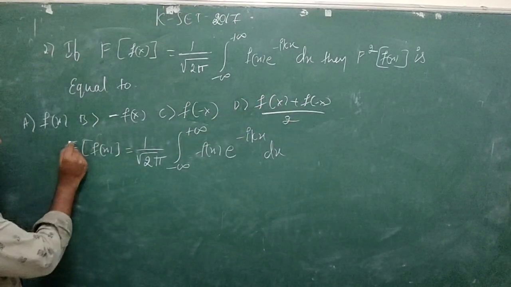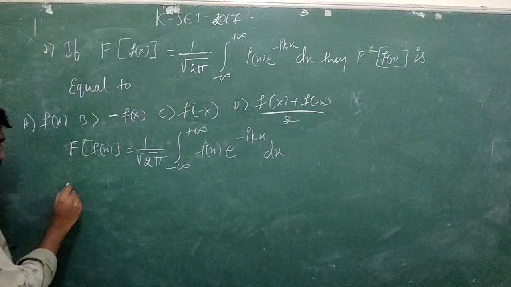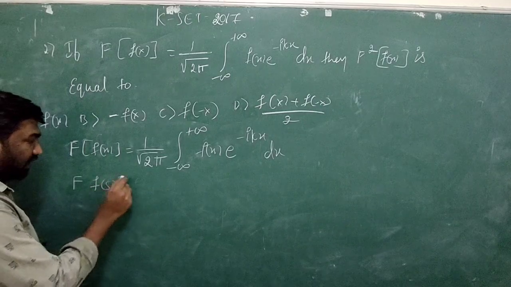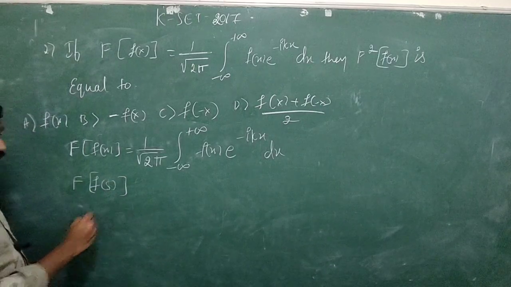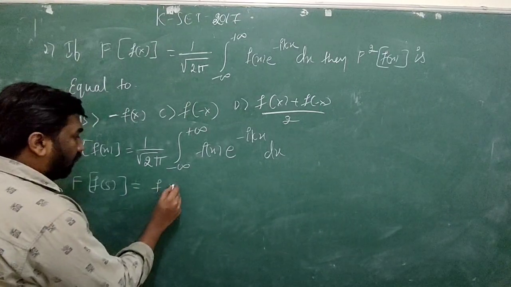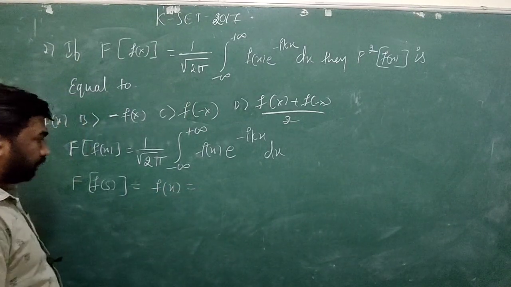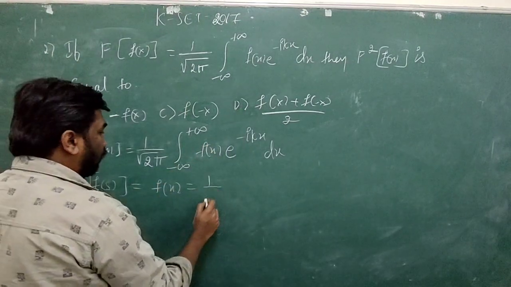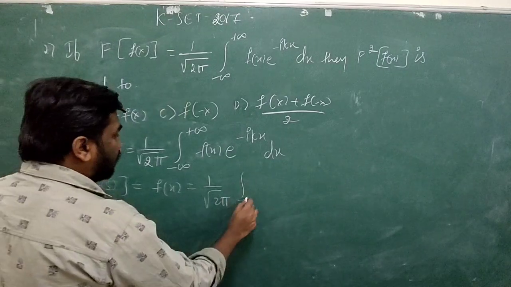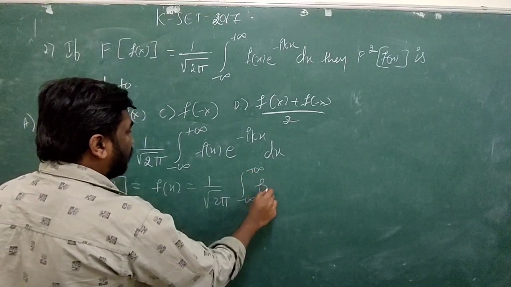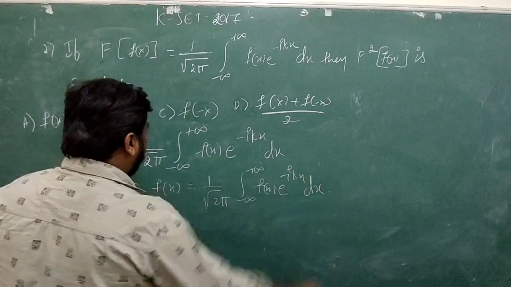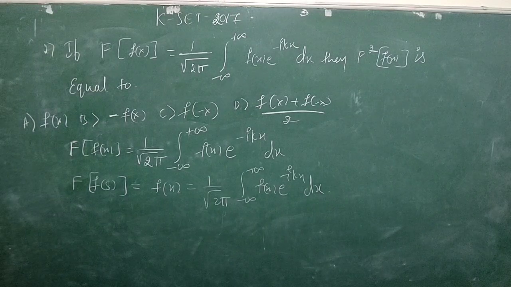But you should remember that F of s, which is equal to F of f of x, is 1 by root 2 pi integration minus infinity to plus infinity f of x e power minus ikx dx.